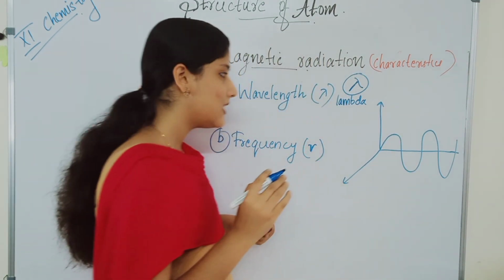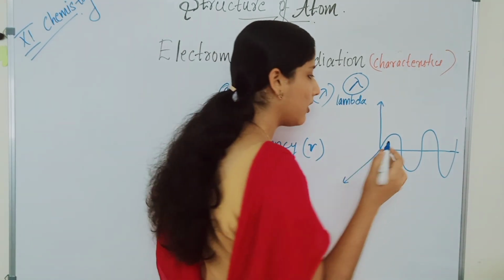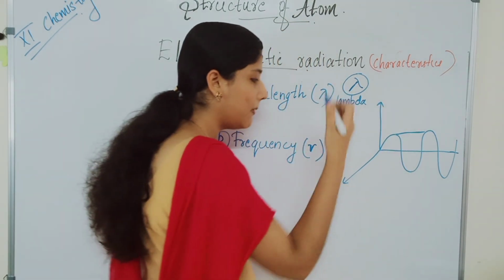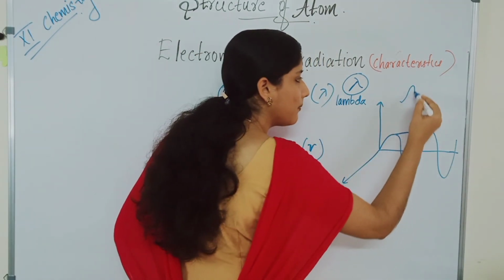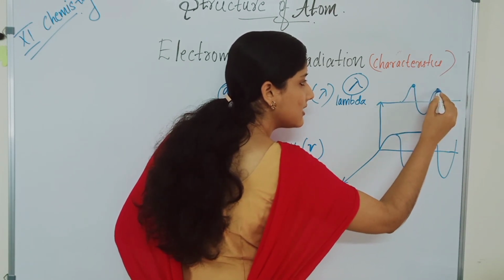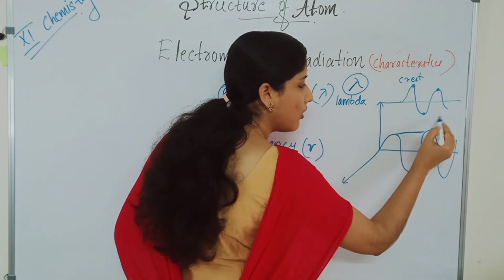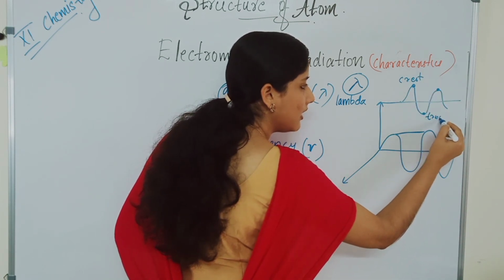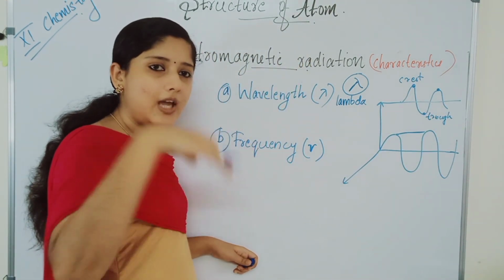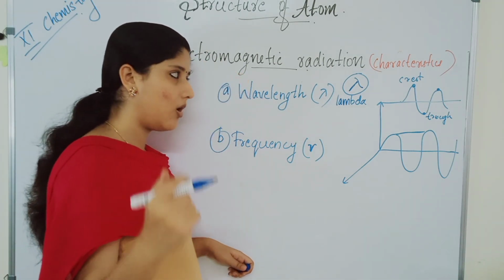In a wave, the upper part is called the crest, C-R-E-S-T, and the lower part is called the trough, T-R-O-U-G-H. Crest and trough.